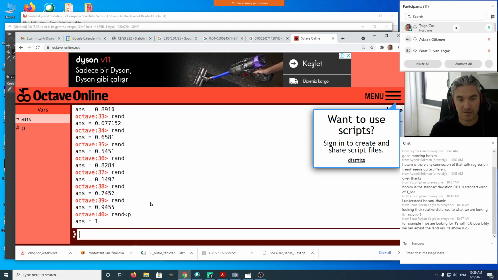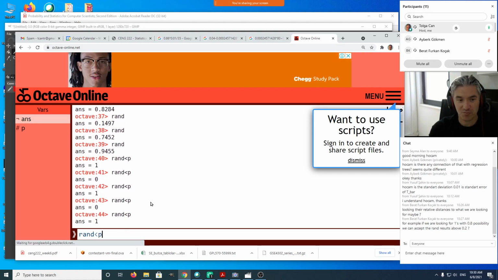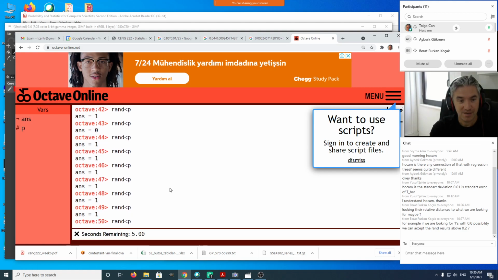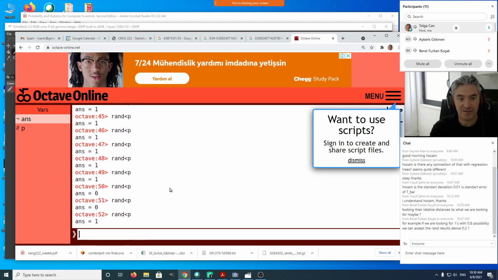Let me write this. Look at this. Right now what I'm doing, since this less than p returns 1 if it's true and returns 0 if it's false. It's just a simple thing. I have my uniform random generator and p is 0.8. I will have ones, two zeros one after another.